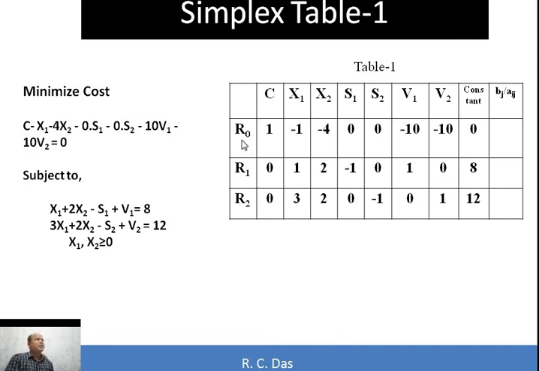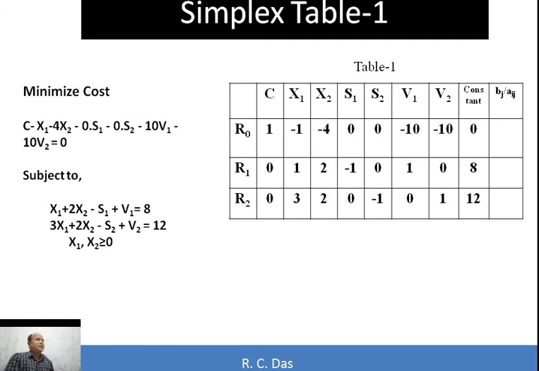In row 0, we put the coefficients of the variables of the objective function. So C is 1, minus 1, minus 4, 0, 0, minus 10, minus 10. There is no constant, so that is 0.